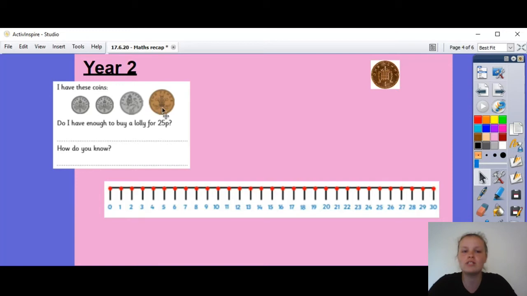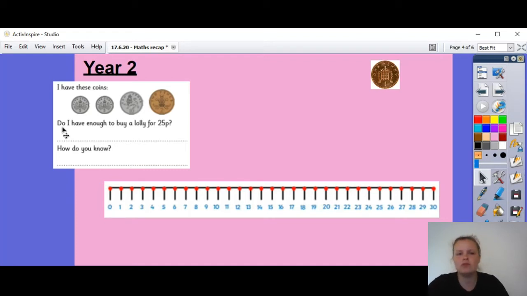Okay, so we've got a 2p, a 10p, a 5p, and a 5p. Now the question says, do I have enough to buy a lolly for 25p? And we need to work out, could we buy a lolly?